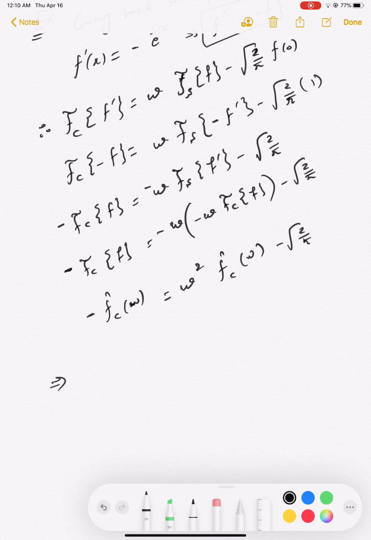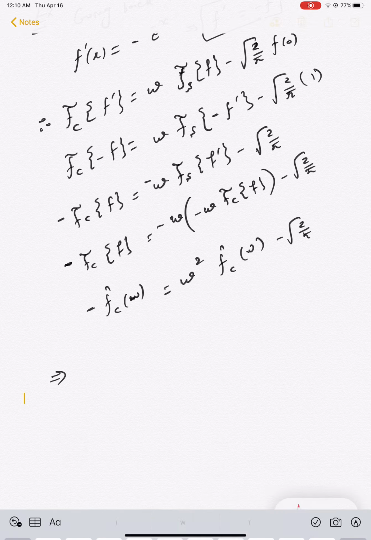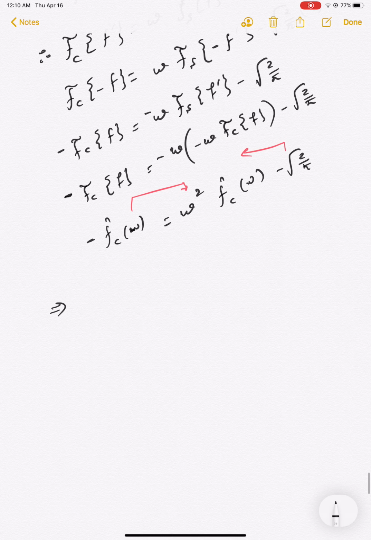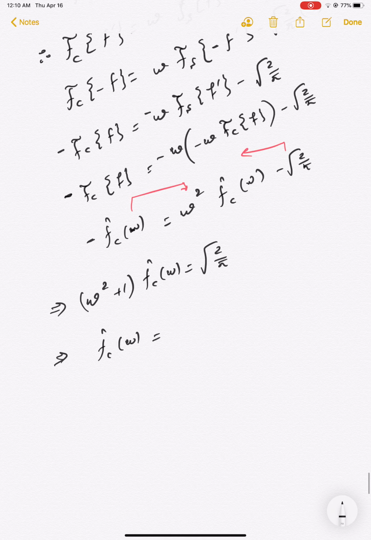And at this point, you can say, okay, let's move this term to one side and this term to the other side. So what do you get? You get omega squared plus 1 times the Fourier cosine transform is equal to root 2 over pi, and that means the Fourier cosine of f is this.